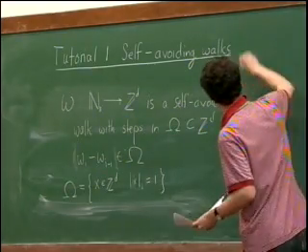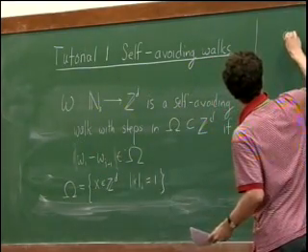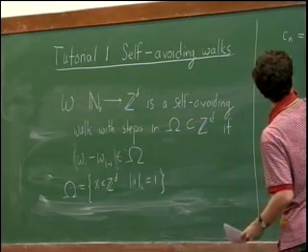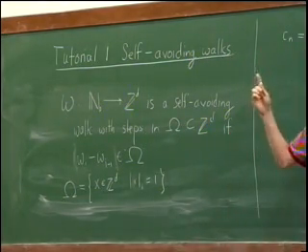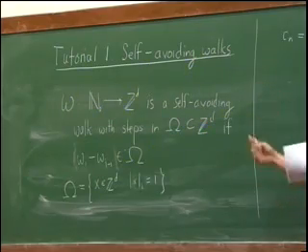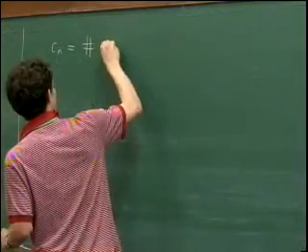And so Cn denotes the number of self-avoiding walks starting at 0, with any endpoint.